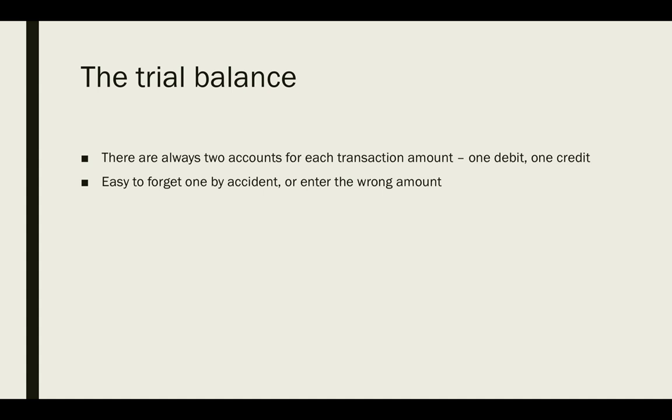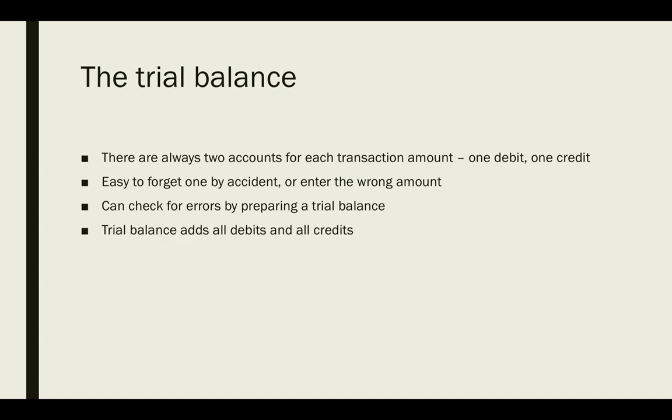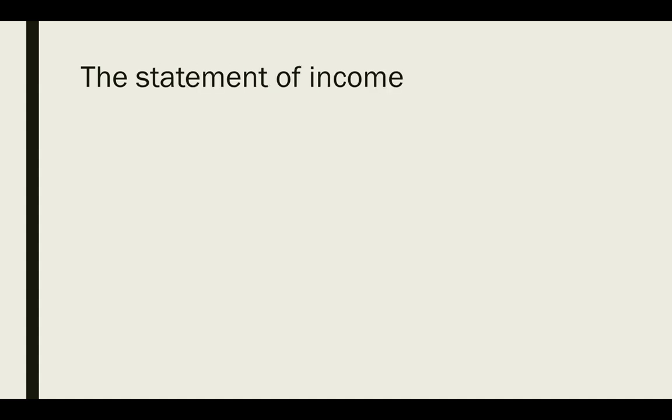It's very easy to forget one half of this by accident, or maybe to enter the wrong amount. So you can check for errors by preparing a trial balance. A trial balance simply adds all the debits and all the credits by listing every single account with its balance. The totals should then be equal. If they are not equal, it indicates that there's definitely a mistake.